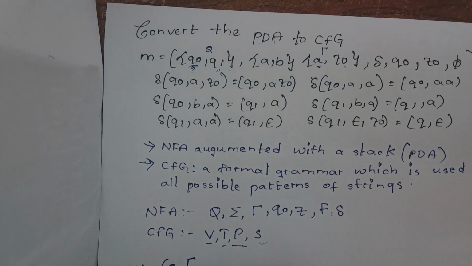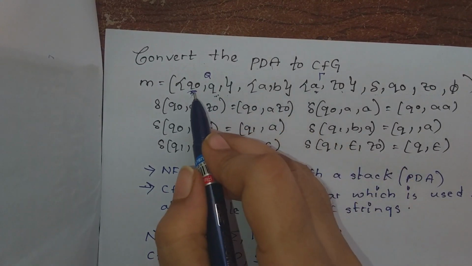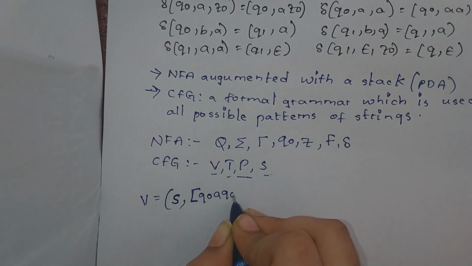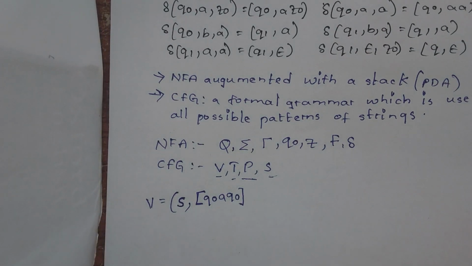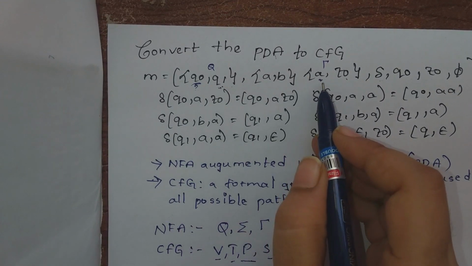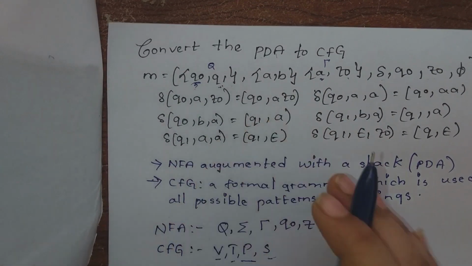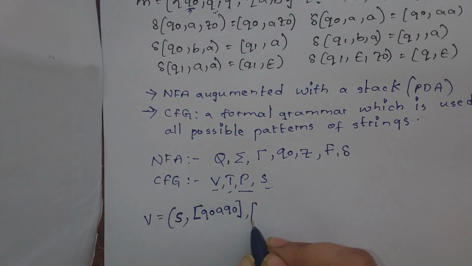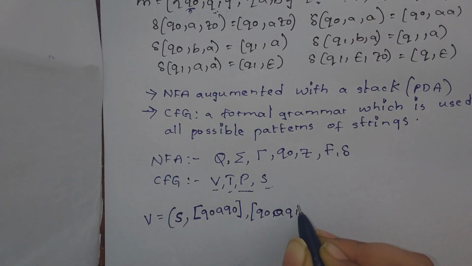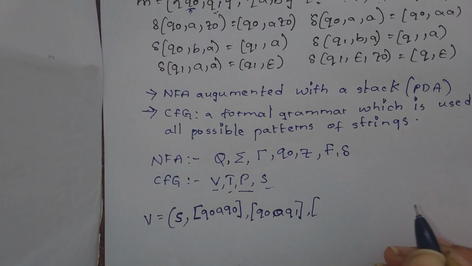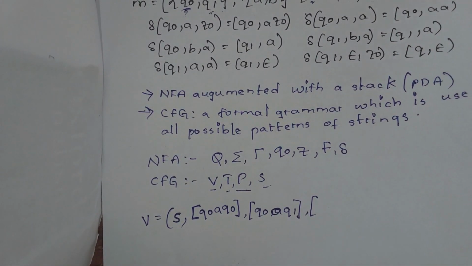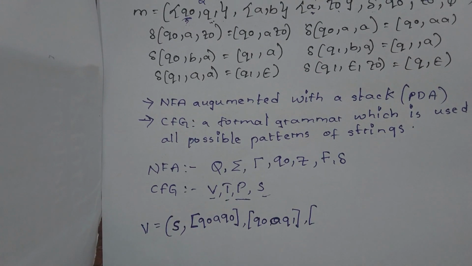Q naught A Q naught, Q naught A Q1. All these are enclosed in square brackets in order to say that it is a single variable.